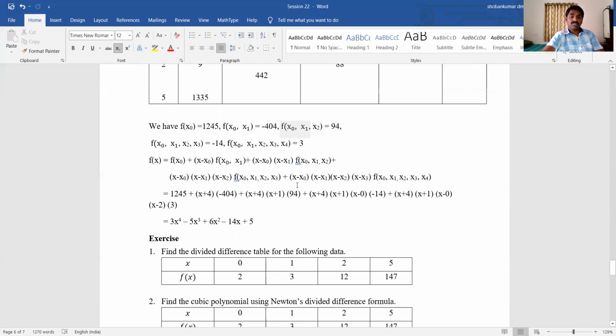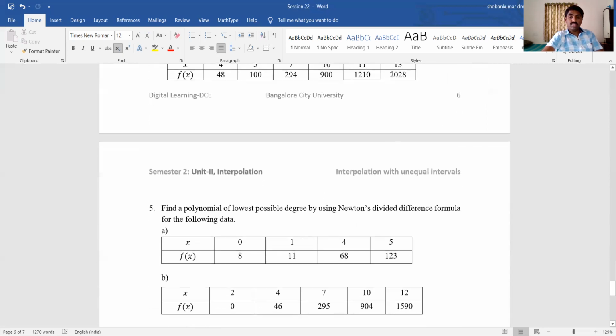Substitute and simplify, and we get 3x to the power 4 minus 5x cubed plus 6x squared minus 14x plus 5. Similarly, we can do these problems. Okay, thank you.